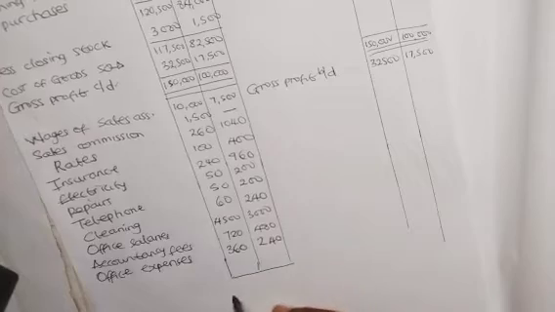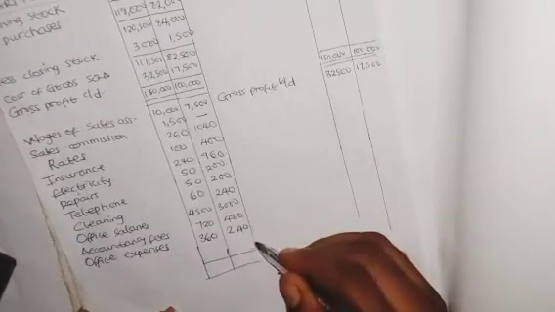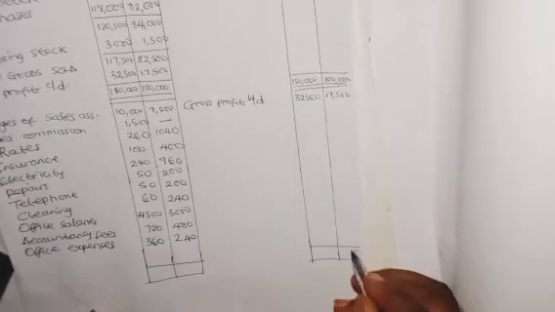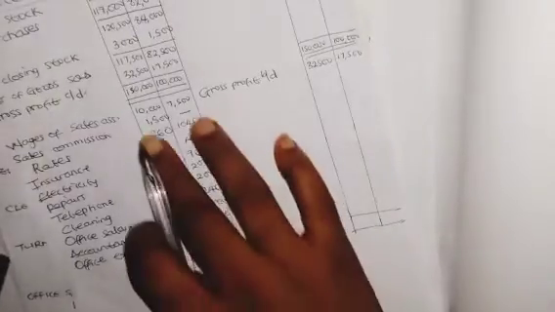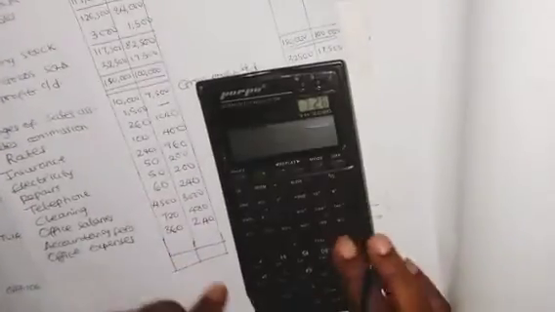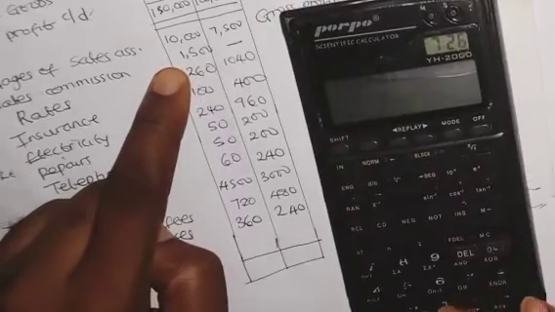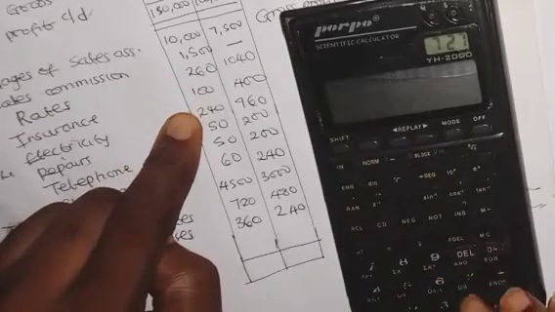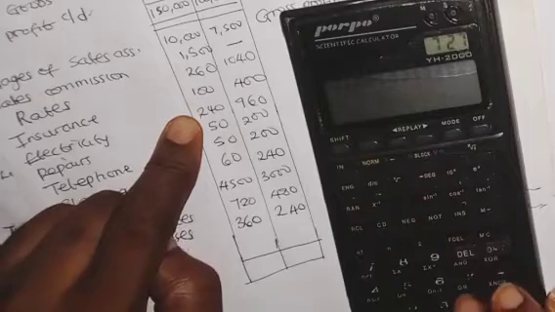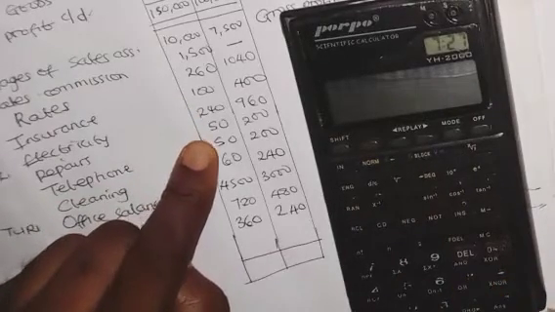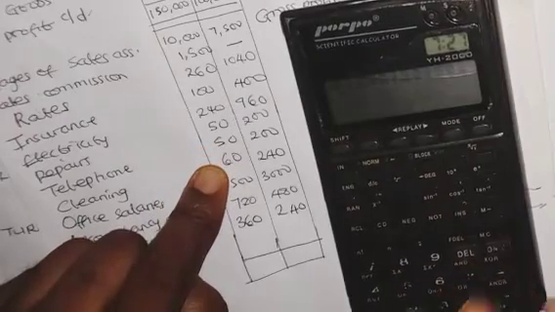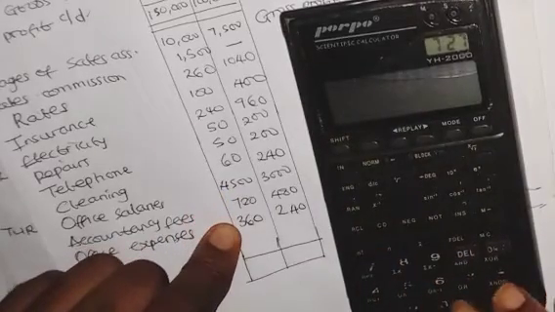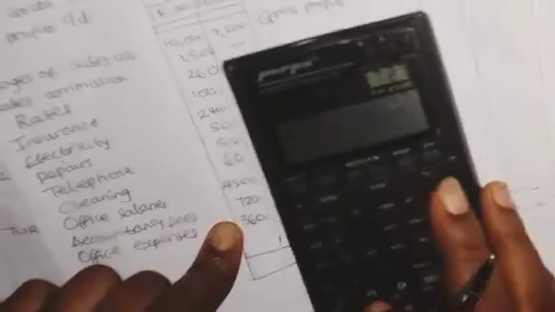So we're going to add up this part. If we add up 10,000 plus 15 plus 260 plus 100 plus 240 plus 50 plus 50 plus 60 plus 45 plus 720 plus 360 equals 17,840.